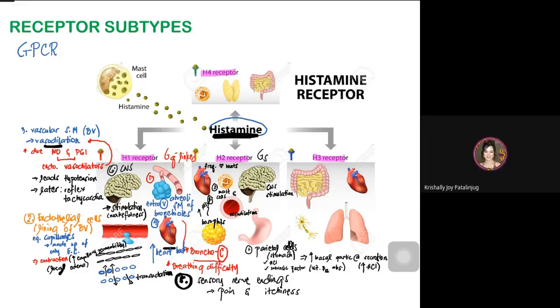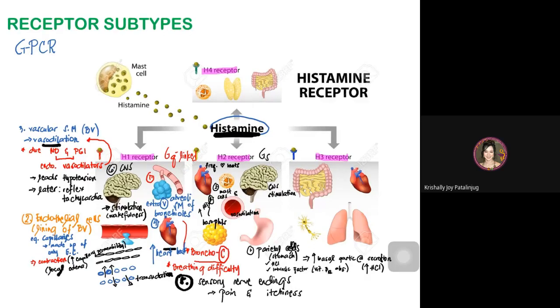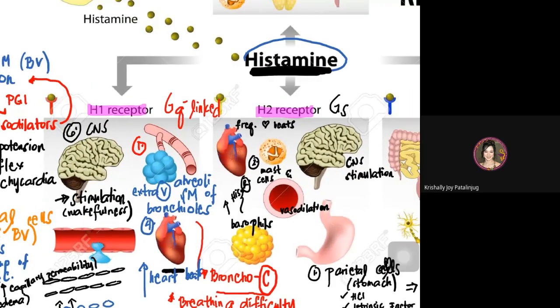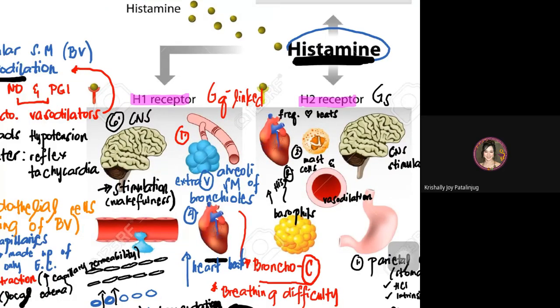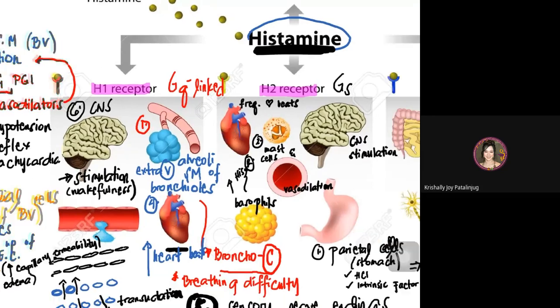Okay, so last meeting we were able to discuss the first two subtypes of histamine receptors. We have histamine 1 and histamine 2. Recall that histamine 1 is a Gq-linked receptor and the H2 receptor is a Gs-linked receptor.